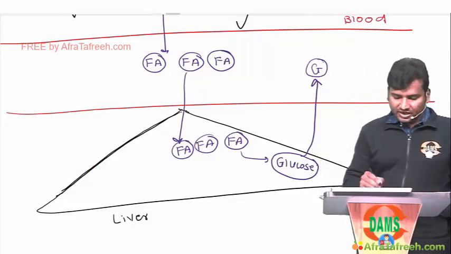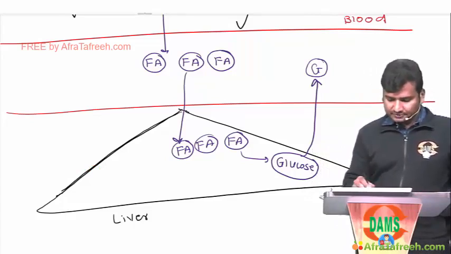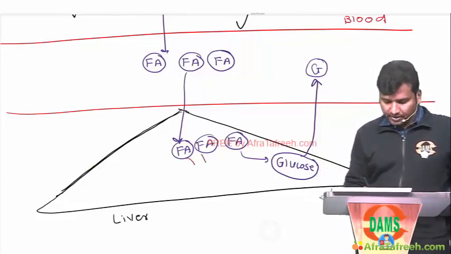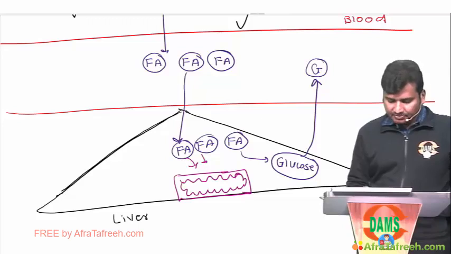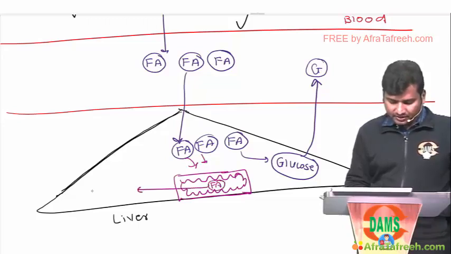So some fatty acids are transported to the mitochondria of the liver, and in mitochondria these fatty acids are converted to ketones.